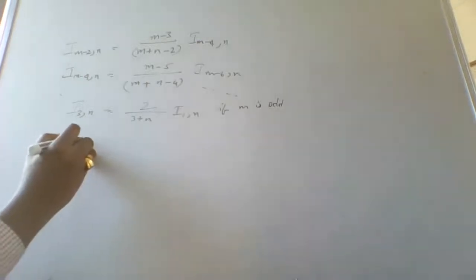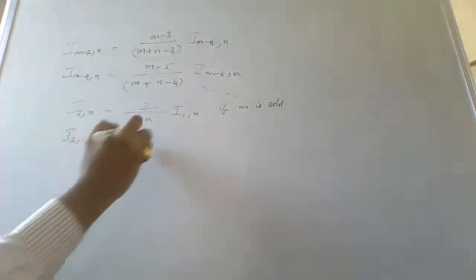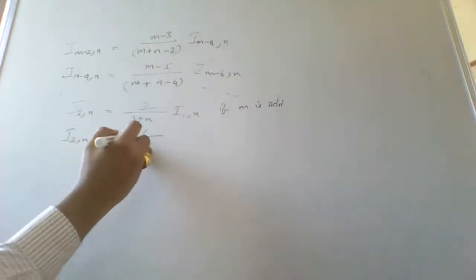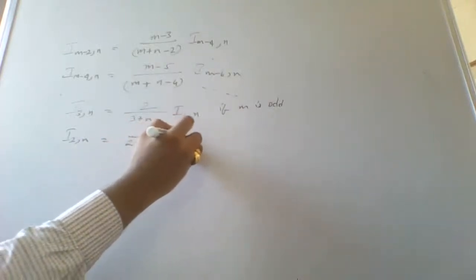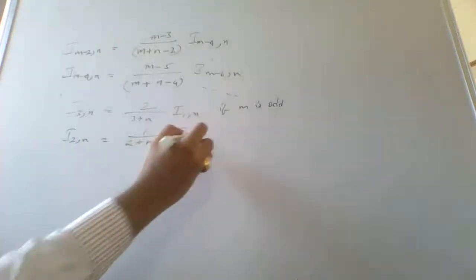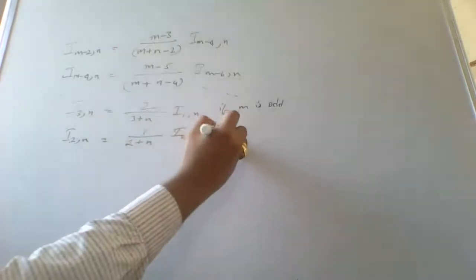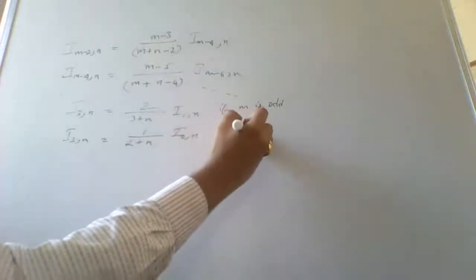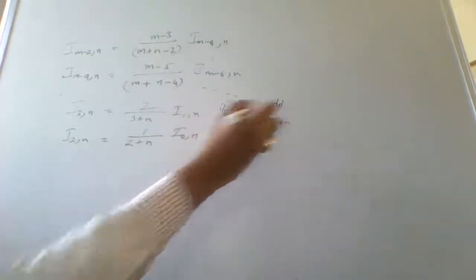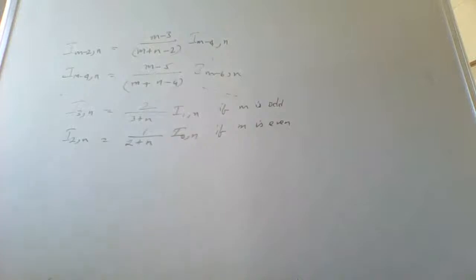And I 2 comma n would be 1 by 2 plus n into I 0 comma n, if you have m as even. So let us find what I1 comma n is here. Also we need to find I0 comma n.